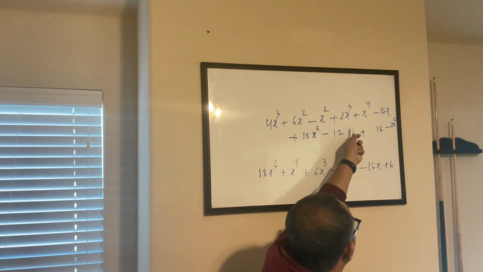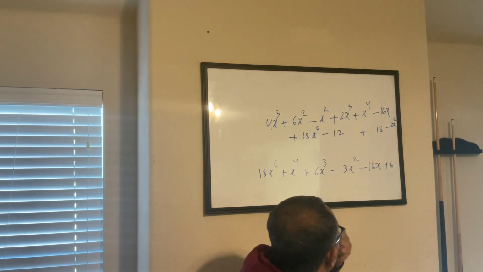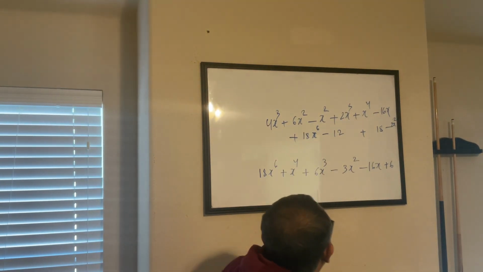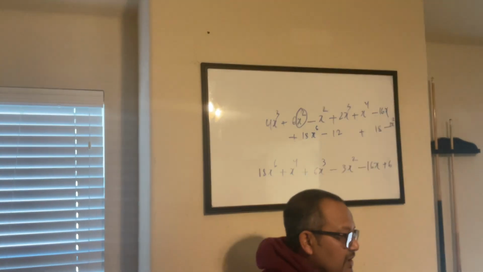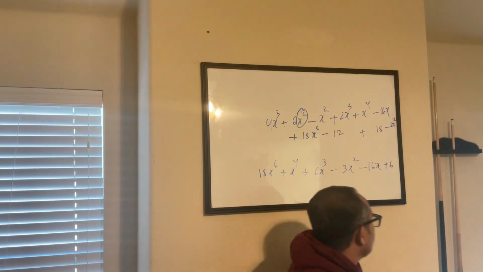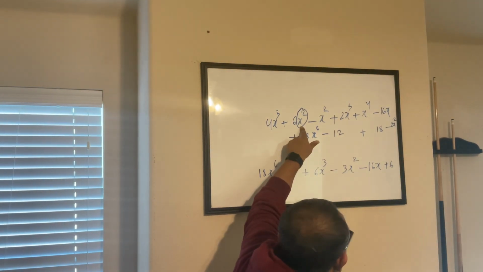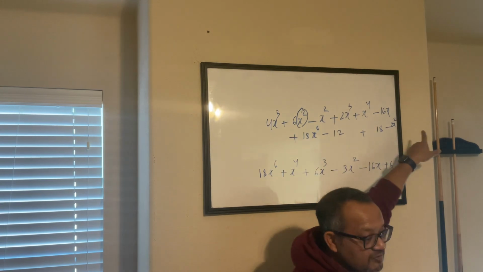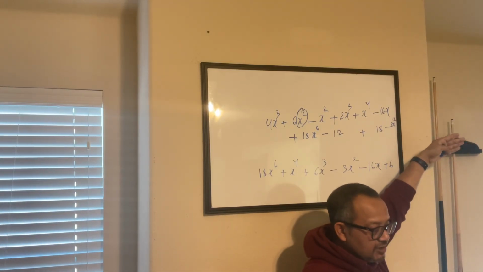So likewise, when you look at the terms here, your variable and the exponent make it a unique term, and that decides which one it can get added with. An x squared can only be added or subtracted from an x squared term, a term which has x squared in it, only x squared.